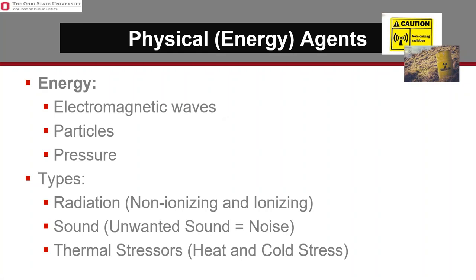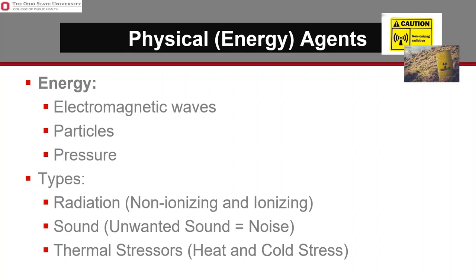And so we look at these energies in the form of particles such as alpha and beta particles, and electromagnetic waves such as gamma rays, ultraviolet rays, microwaves, and then X-rays, and then pressure.